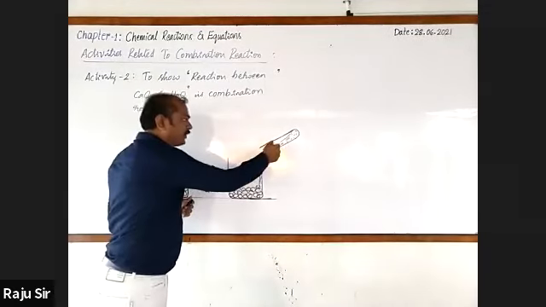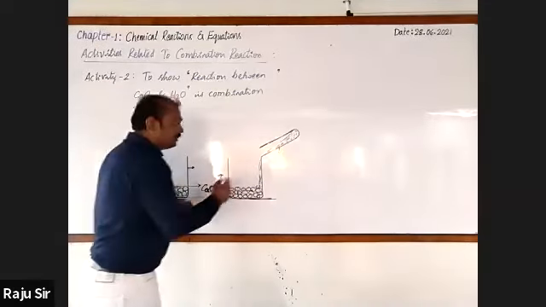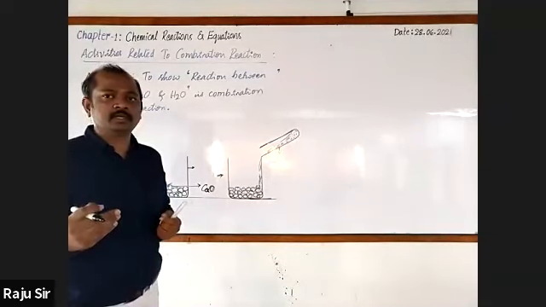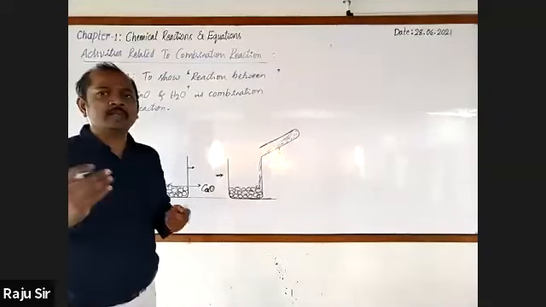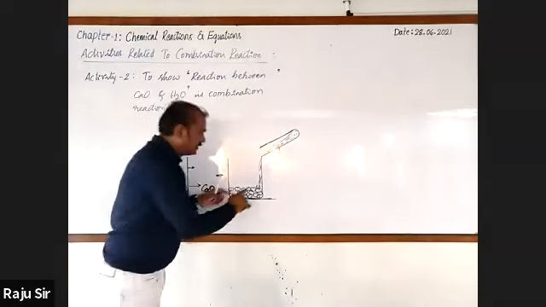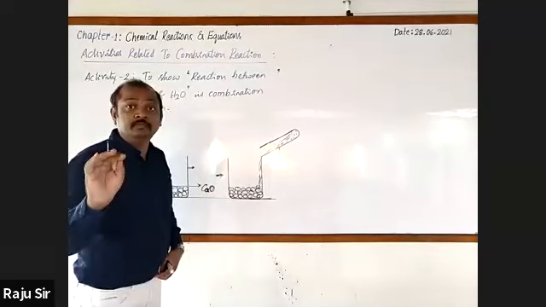That is why we add the water along the inner wall of the beaker. Then next, after adding the water, what is the next one? Next point, it is observation. What is our observation? We will observe that water and calcium oxide react vigorously.